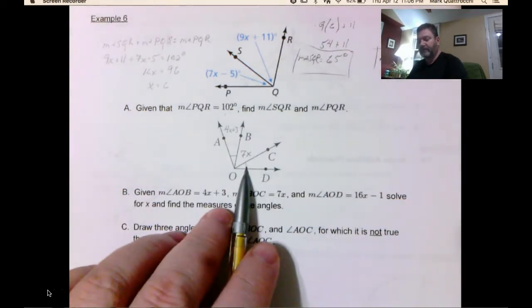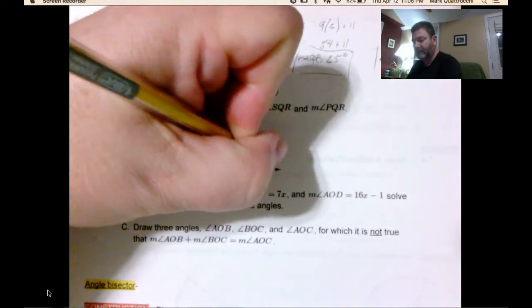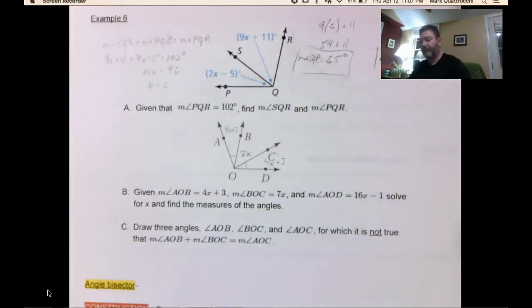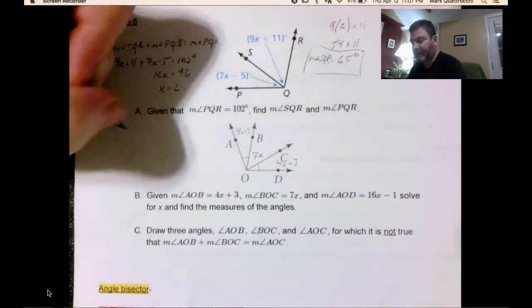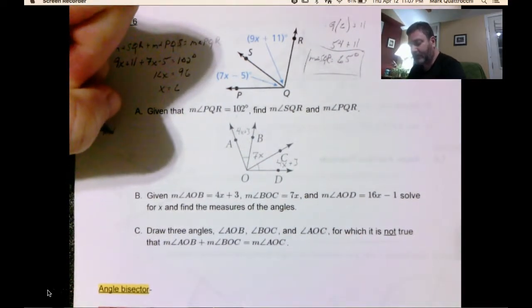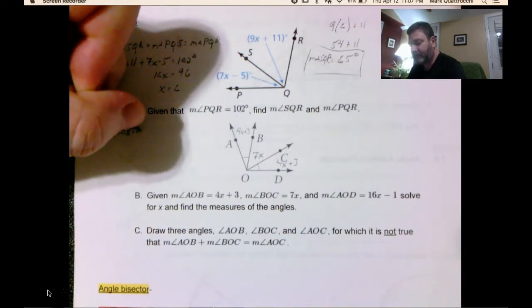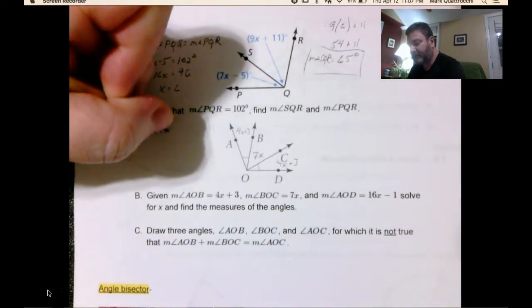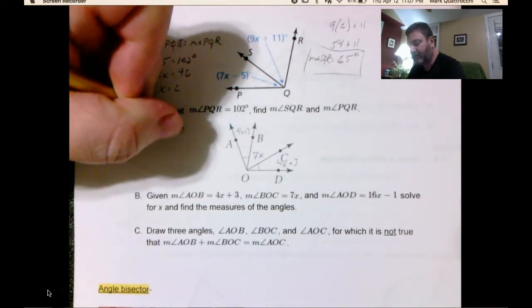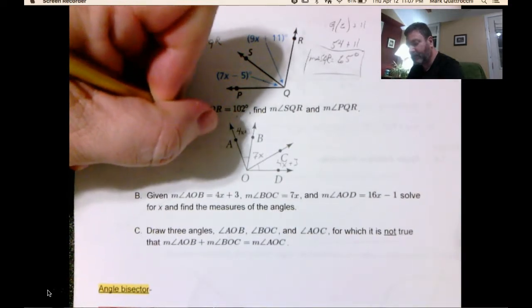Now, notice we have congruent marks here, so this is another 4x plus 3. And the whole thing is 16x minus 1. So again, according to the angle addition postulate, measure of angle AOB plus the measure of angle BOC plus the measure of angle COD equals the measure of angle AOD.